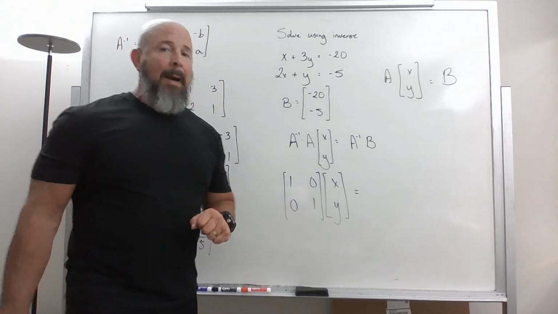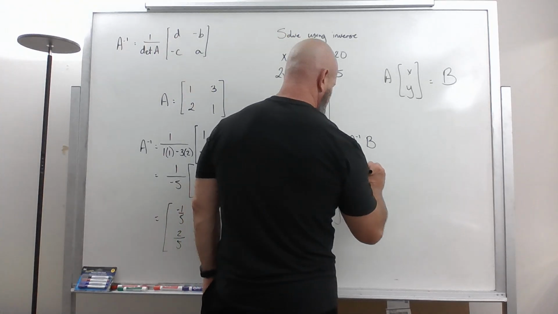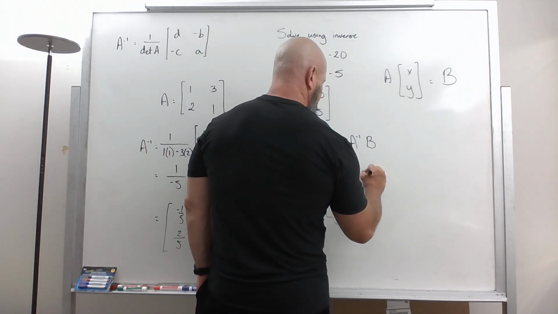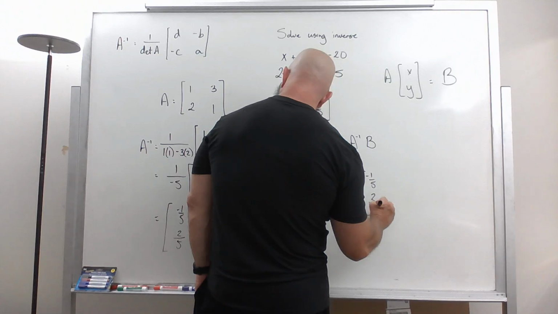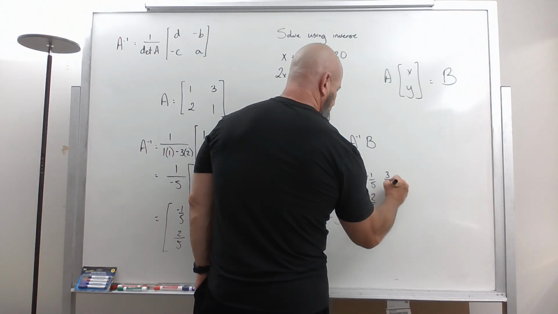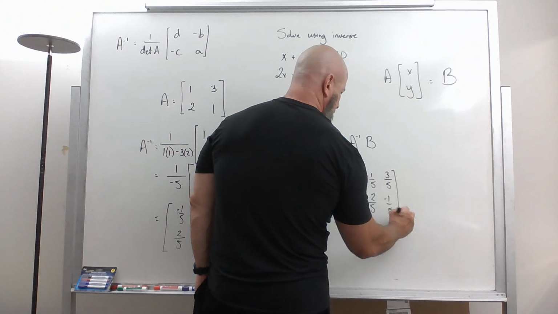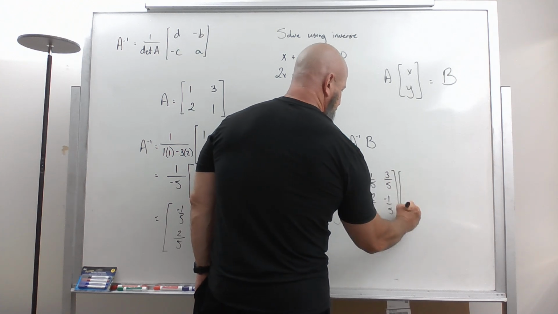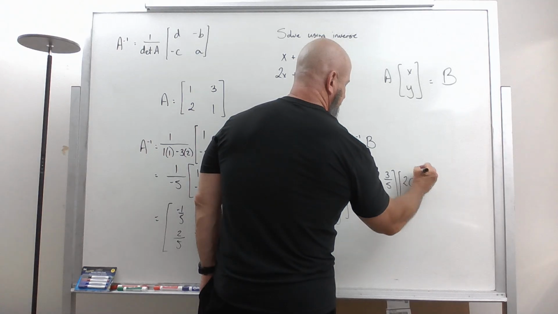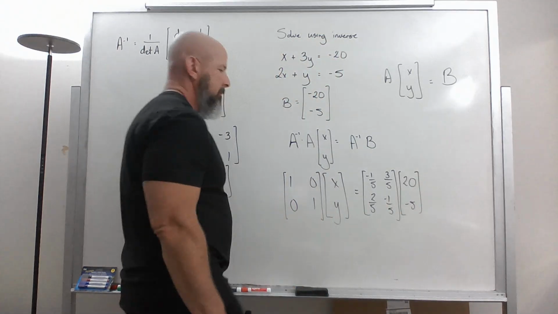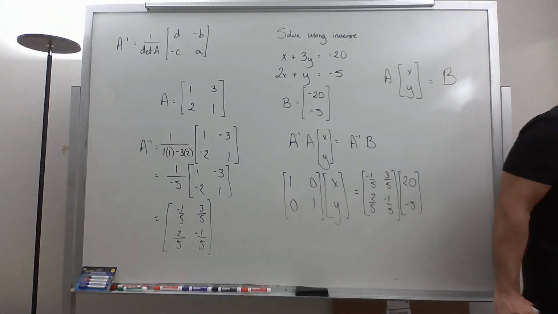Now let's look at what happens on the other side. This one I need to write out. Let's see, inverse, negative 1/5, just copying this from the left side over here, all my fractions. And then my B matrix would be 20, negative 5. All right, so I'm going to multiply row by column.